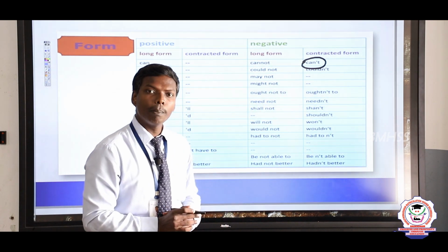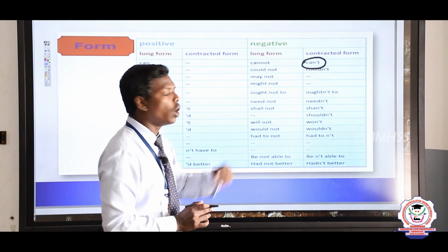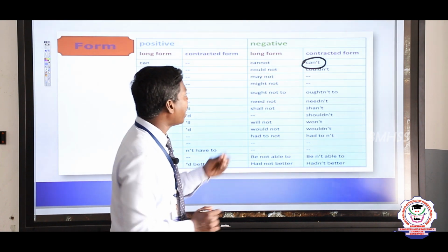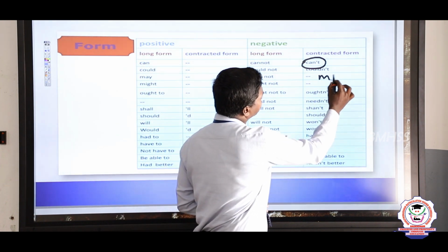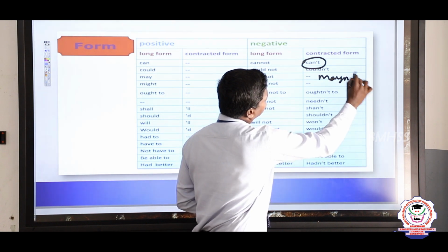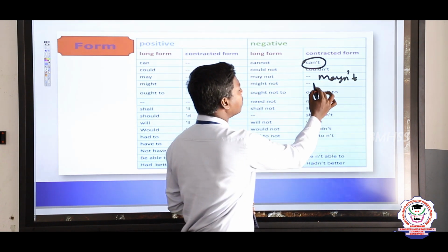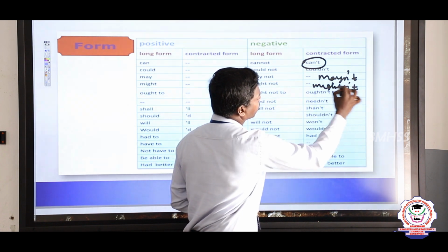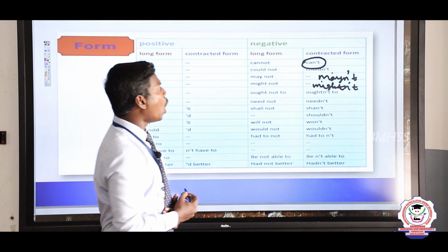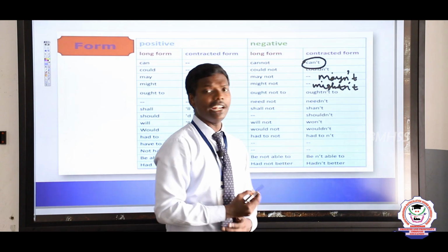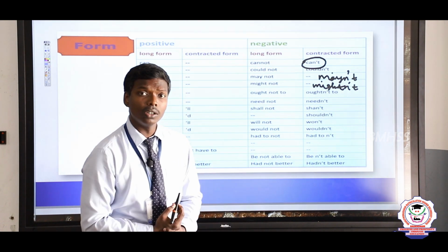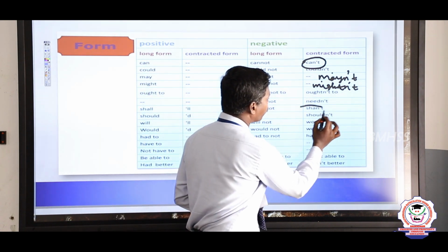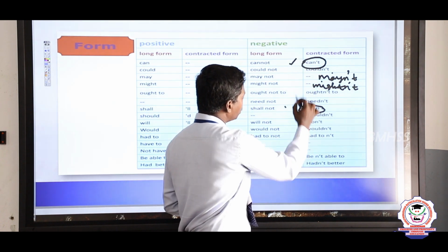Could not becomes couldn't. May not, mayn't. And might not becomes mightn't. Mightn't. And ought not to, oughtn't to, need not, needn't, shall not, shan't. So you need to be very, very careful on this application, can't or shan't.